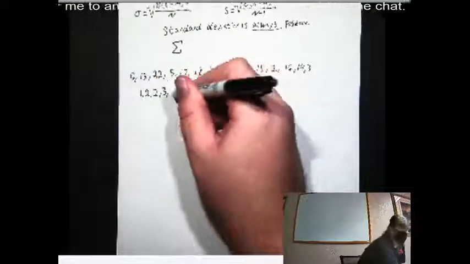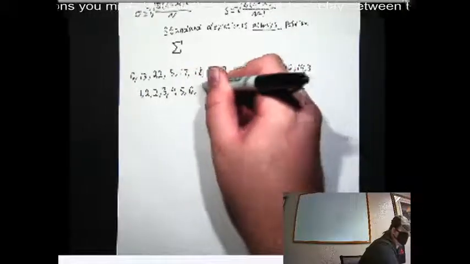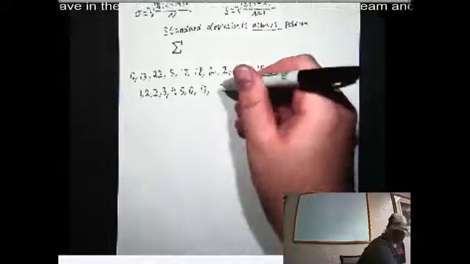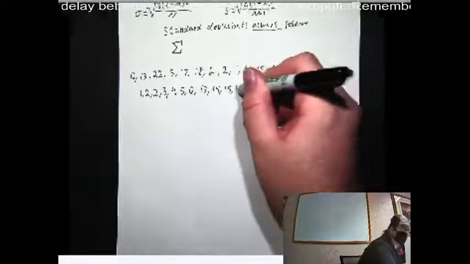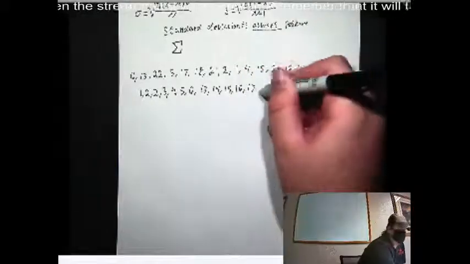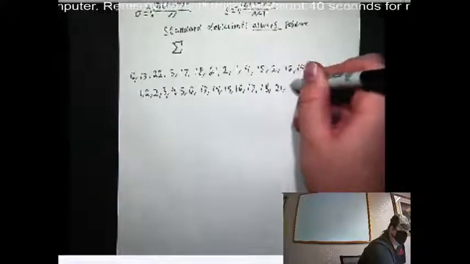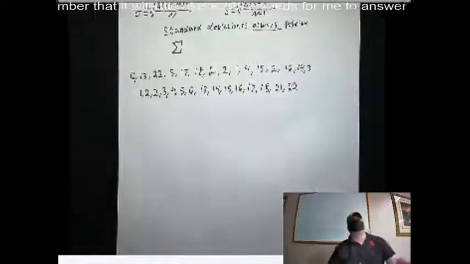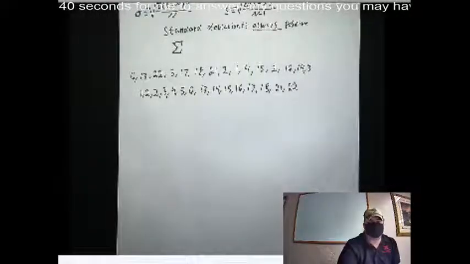So we have 1, 2, 2, 3, 4, 5, 6, 13, 14, 15, 16, 17, 18, 21, and 22. Okay, so we've got our data sorted from least to greatest.